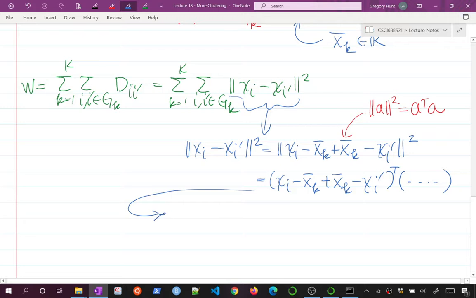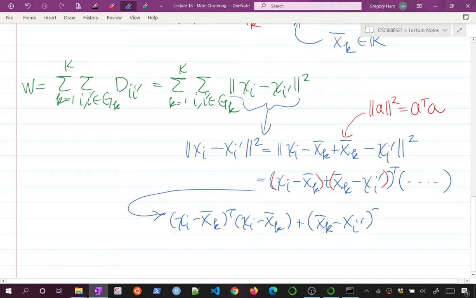Maybe we should bring this over here just to give us some more space. And then what I'm basically going to do is group together the first term and the second two terms here. And when I square this out, what I'm going to get is xi minus x bar transpose xi minus x bar, plus x bar minus xi prime transpose x bar minus xi prime.